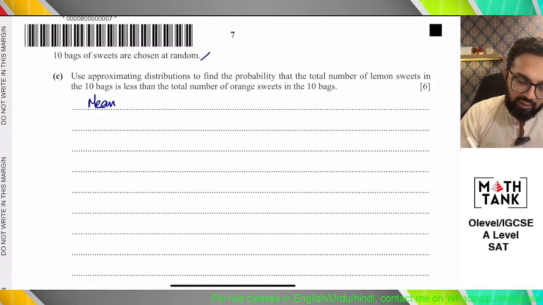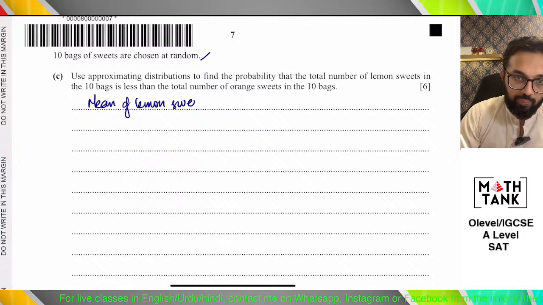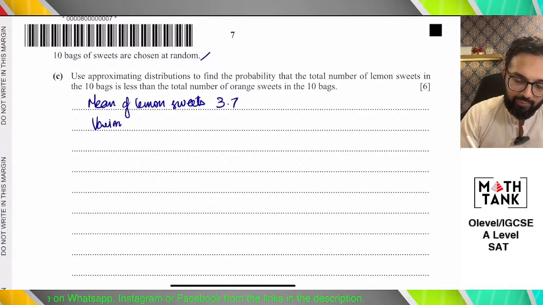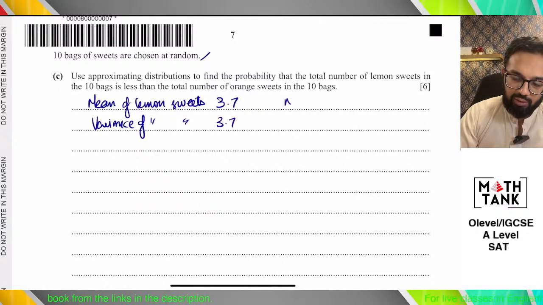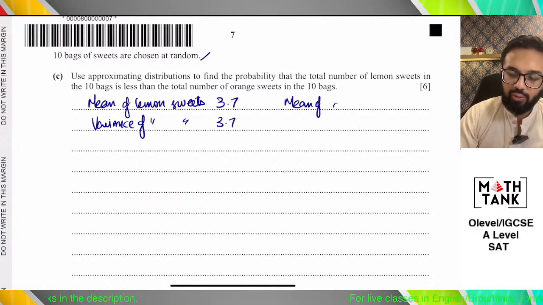So the mean of lemon sweets was 3.7, and the variance of lemon sweets was also 3.7. Mean of orange was 2.6, and variance of orange was also 2.6.